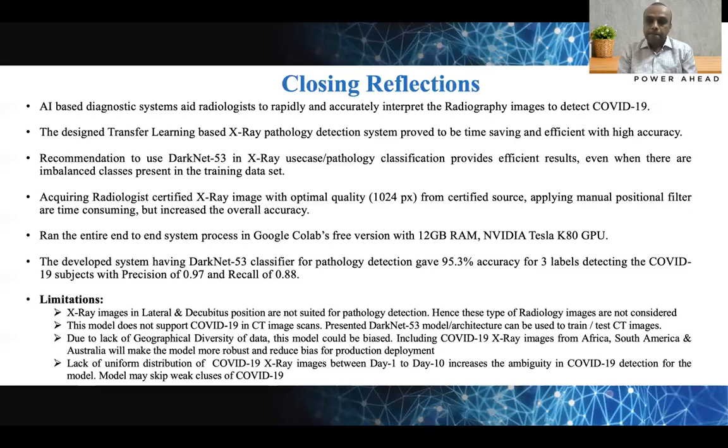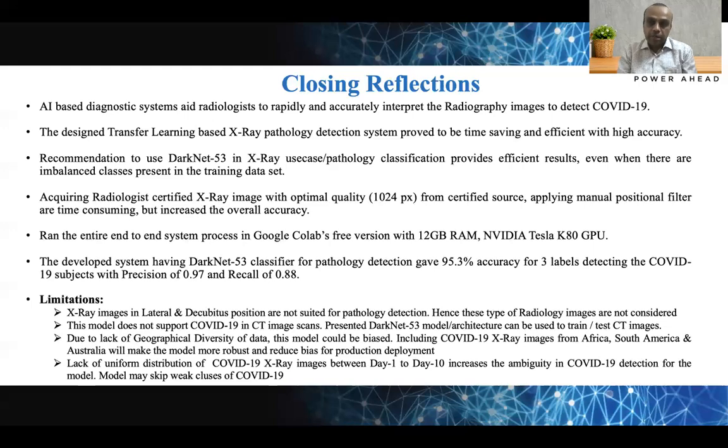And we could use this model globally. The X-ray images in this study have been very sparse. The COVID-19 disease is such that the pathology changes between day 1 to day 10.